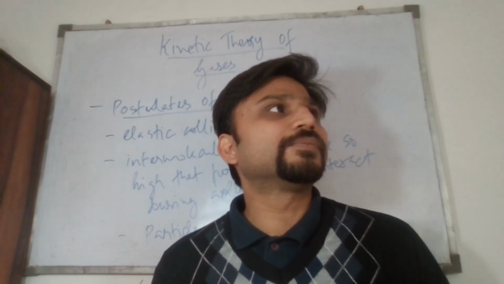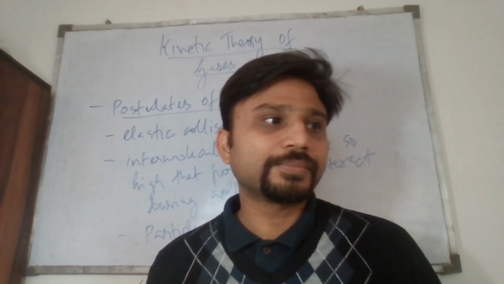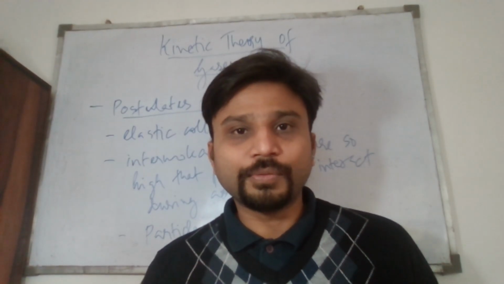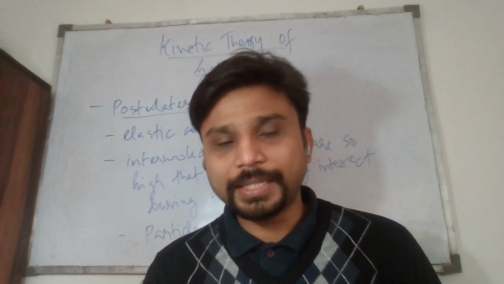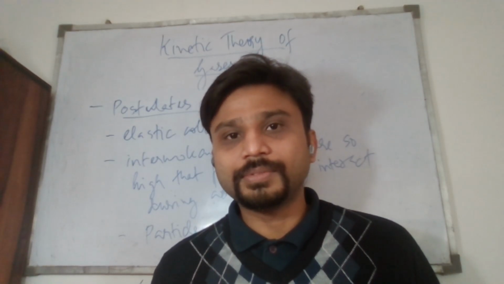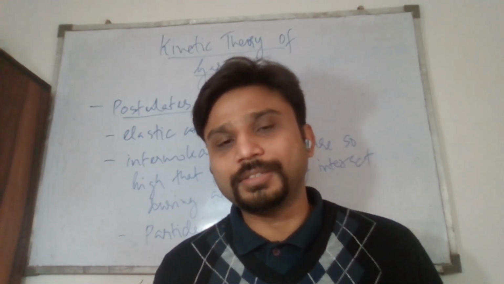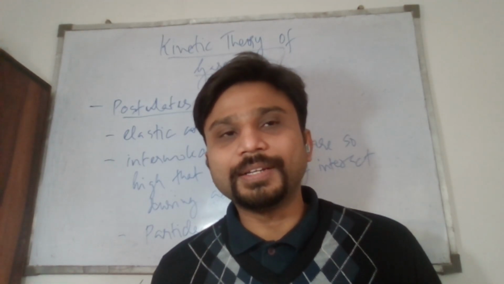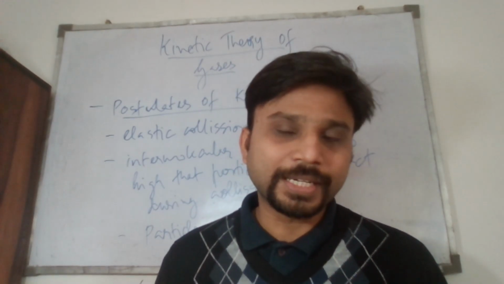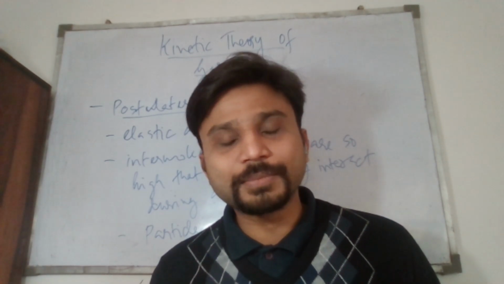So, if some thousand particles are moving in this direction with a velocity of 10 meters per second, then we can easily say that some other thousand particles should be moving in the y direction with approximately the same speed, 10 meters per second or somewhere near that, because all the particles cannot have the same speed.